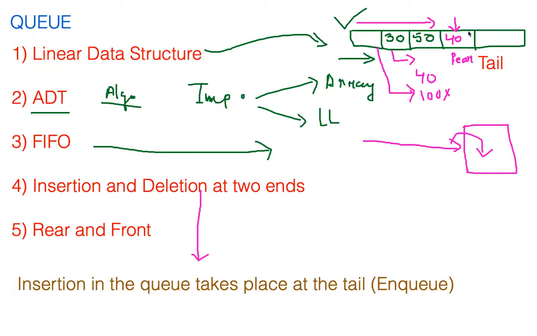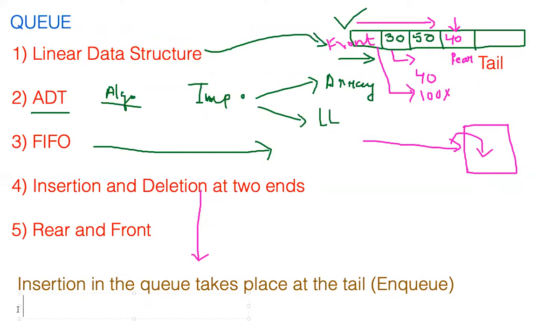And now we want to delete. Where will the deletion happen? The deletion will happen at the front of the queue. This is known as the front or the head of the queue. So this is the front end, where the deletion will take place.